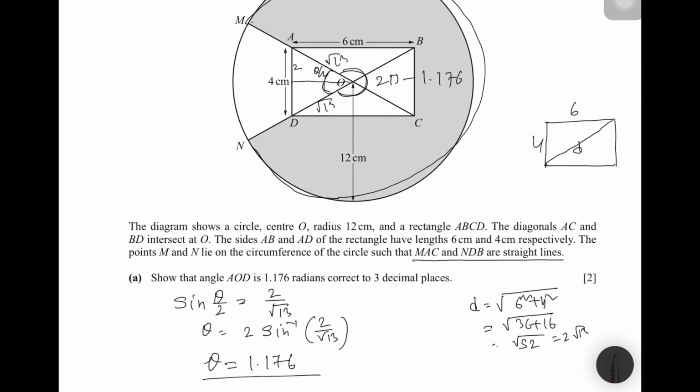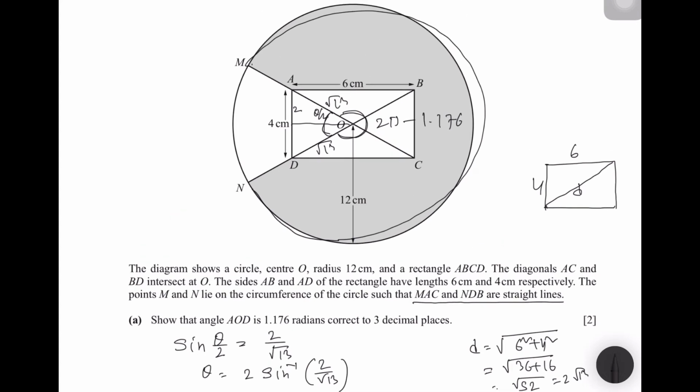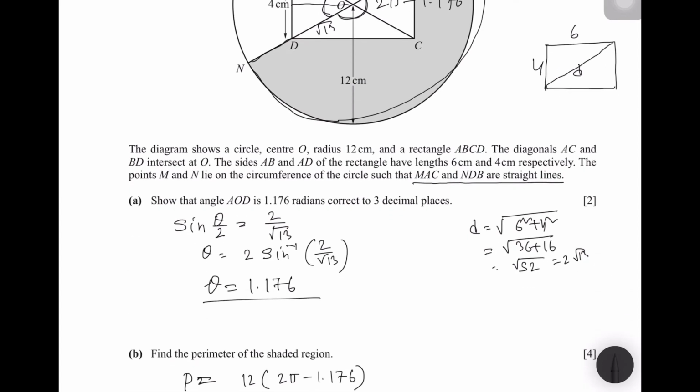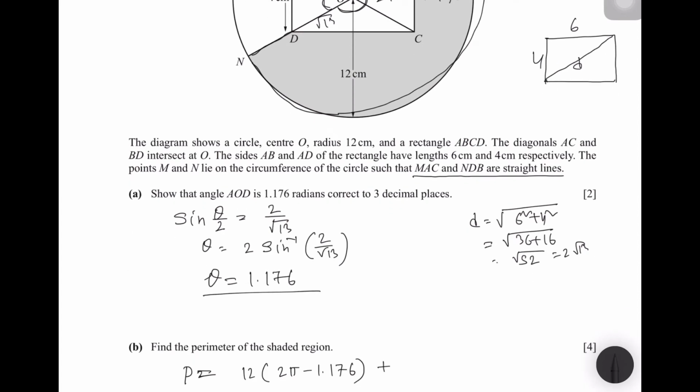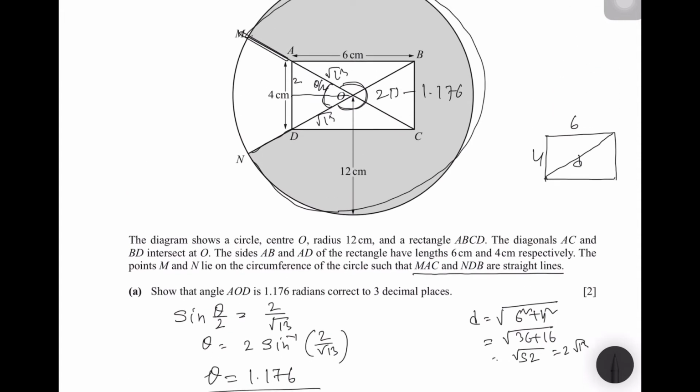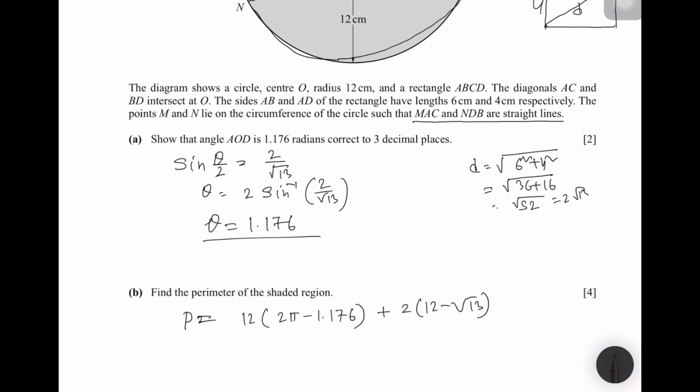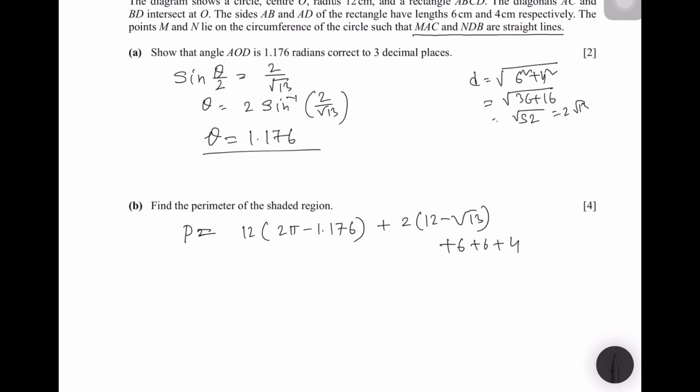Then this is 12 minus root over 13. This is also 12 minus root over 13. So 2 into 12 minus root over 13. Then 6 plus 4 plus 6. Now use the calculator straight to find out the result.